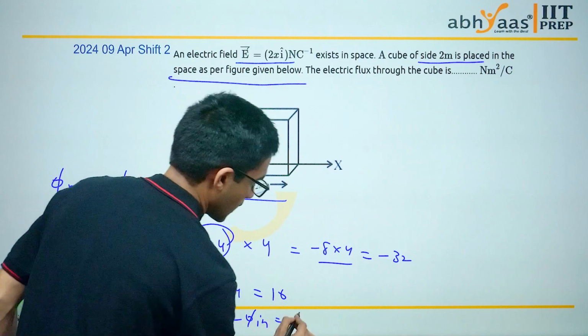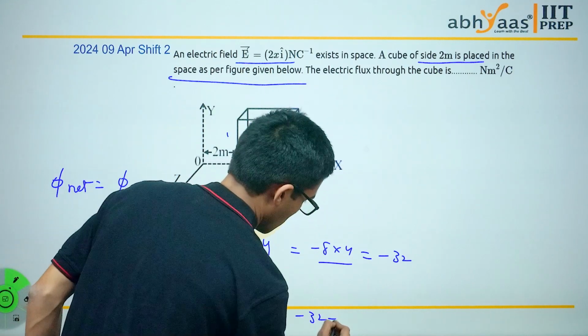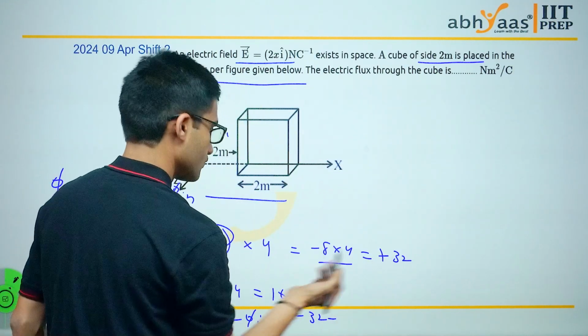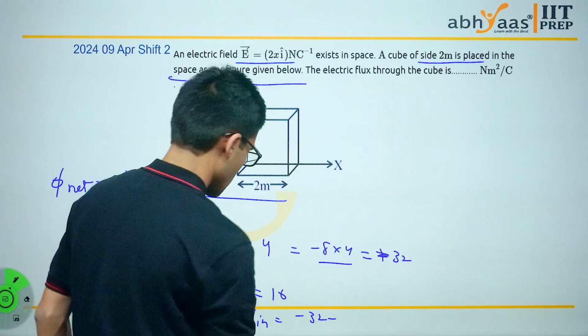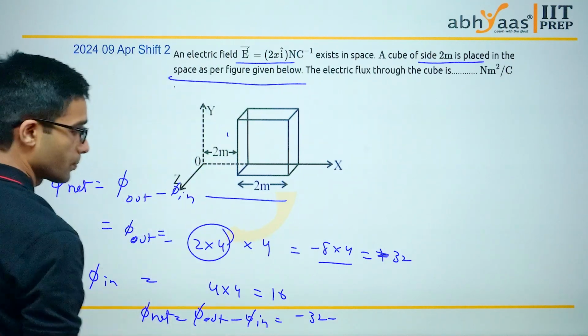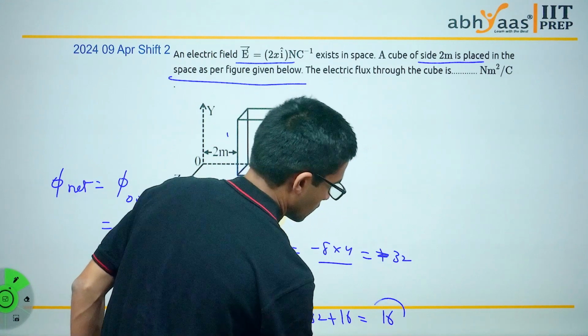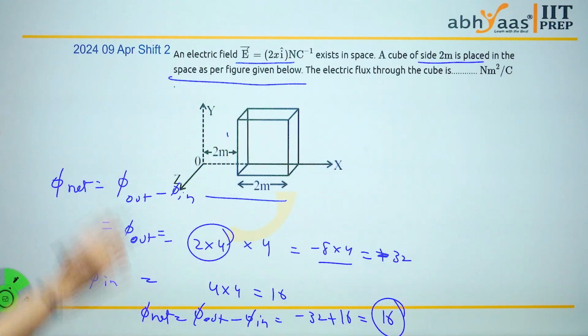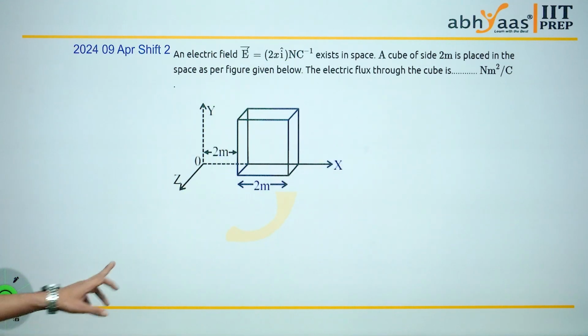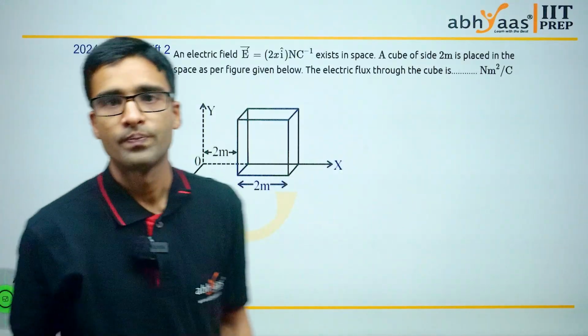So if you calculate, that is minus 32. This is positive, whichever direction you can take. If you sum this up, 32 minus 16, that is 16. Okay, that is the answer. 16 is the number. So these are the questions related to the April shift.